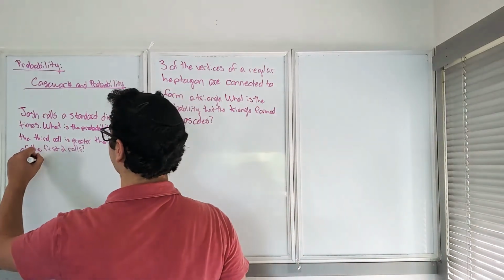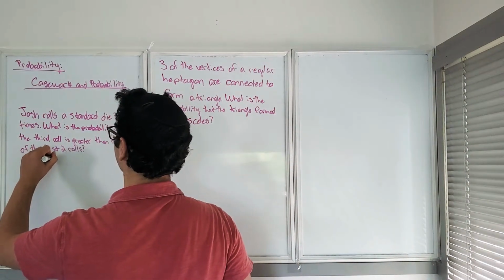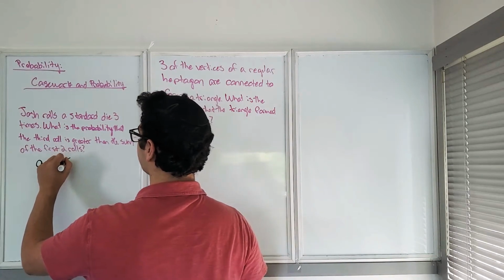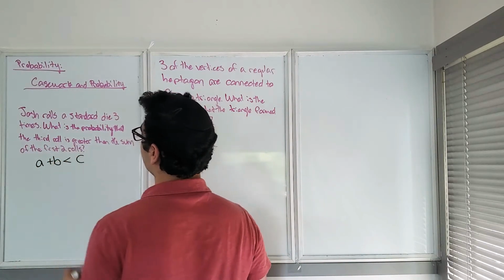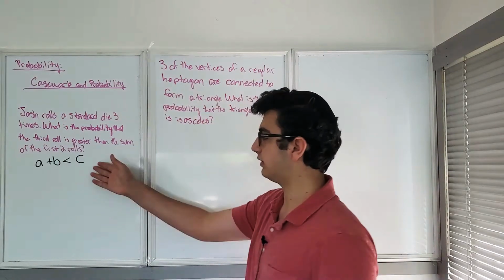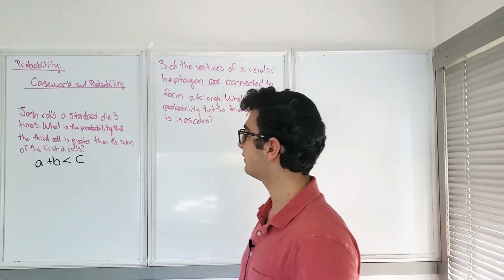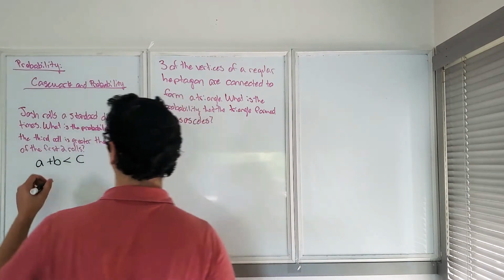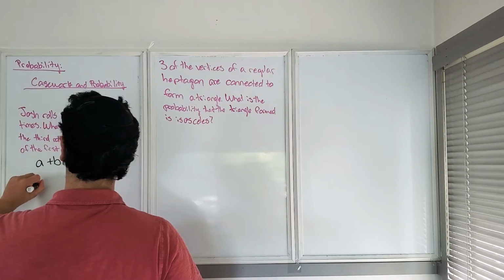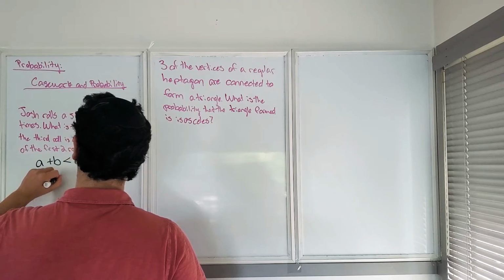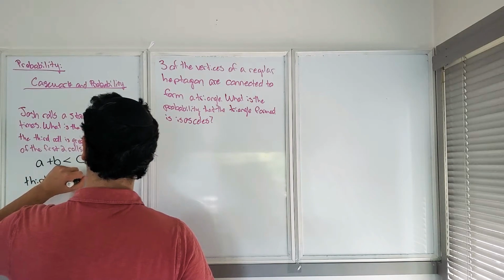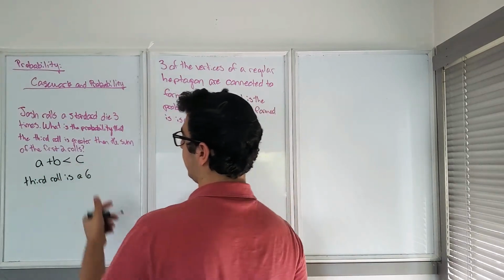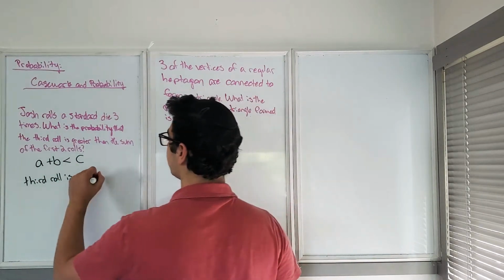So if this will be the first roll, A, and this will be the second roll, B, then the third roll has to be greater. We can do casework for this problem, as you might think. We can do it for when the third roll is a 6, because when we have a 6, you could have cases where A plus B is less than 6.